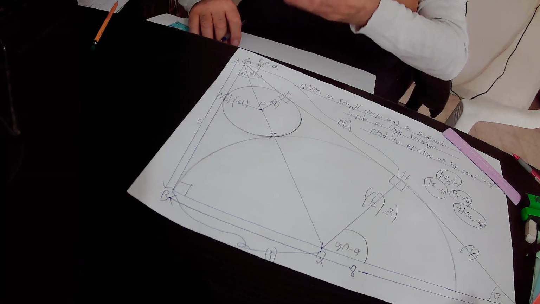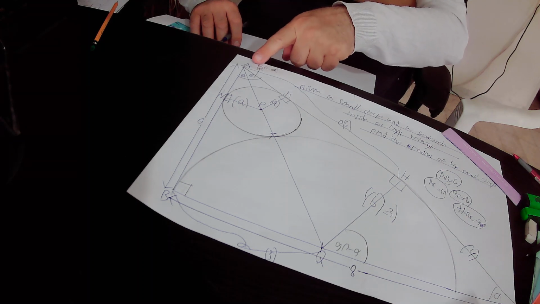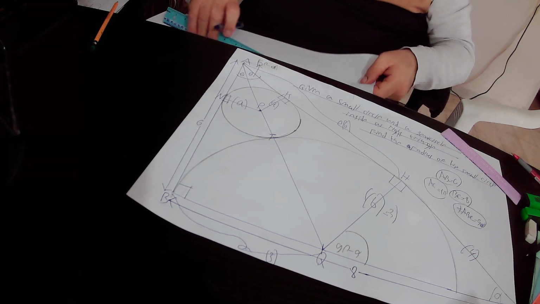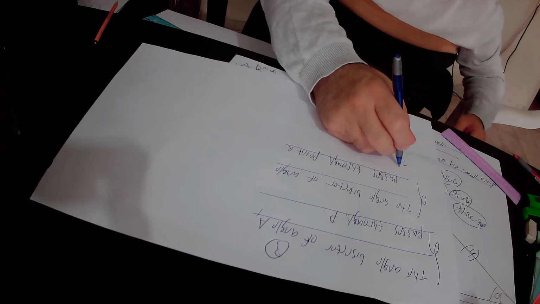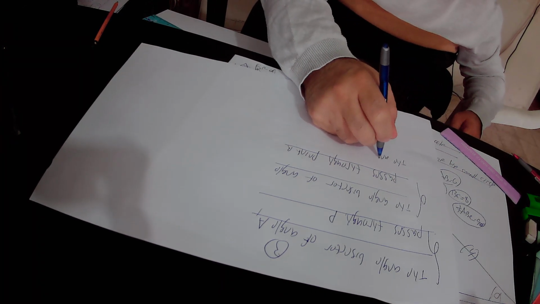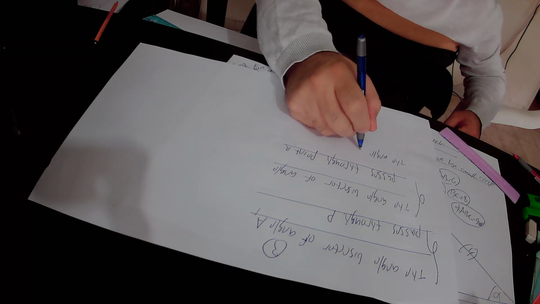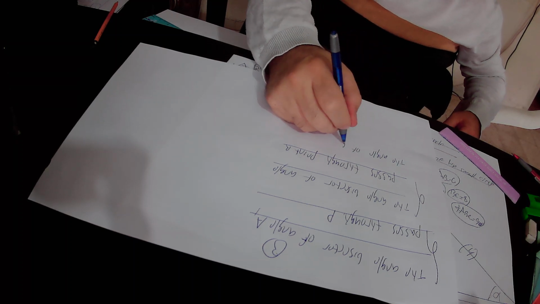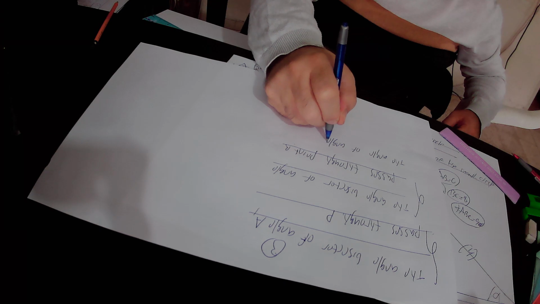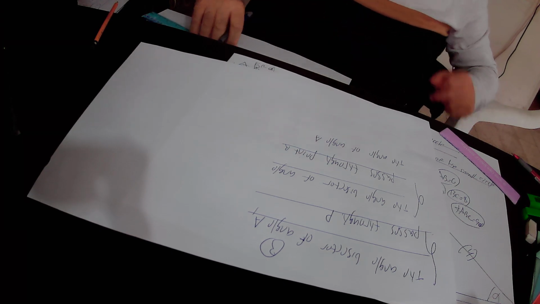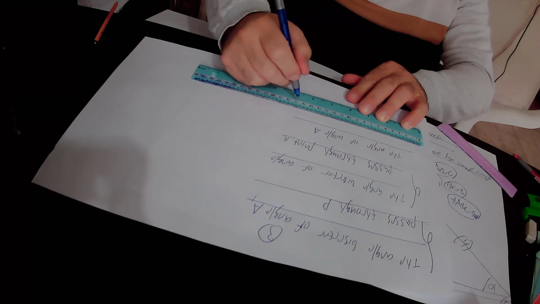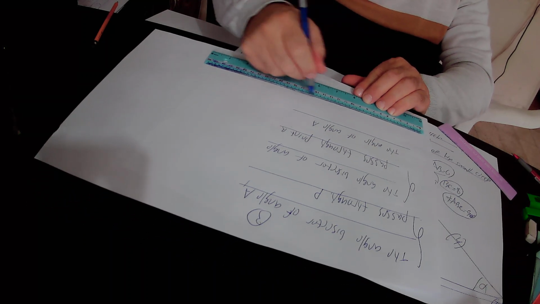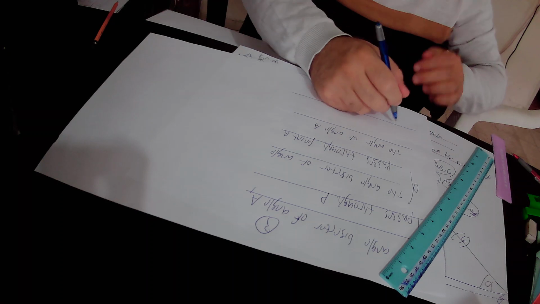The angle bisector of angle A, of course, also passes through point A. So write it down. The angle bisector of the same angle, angle A, passes through point A also.